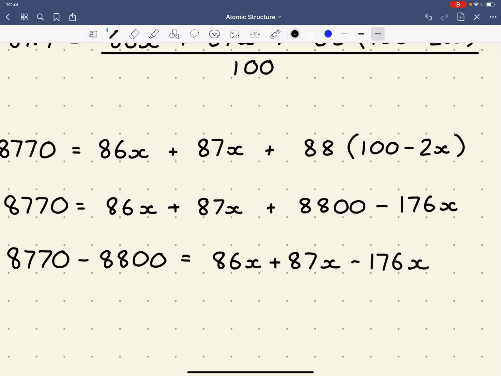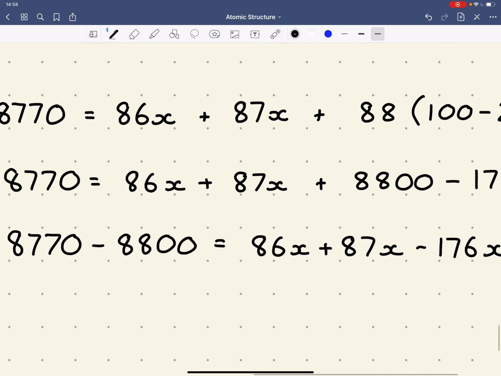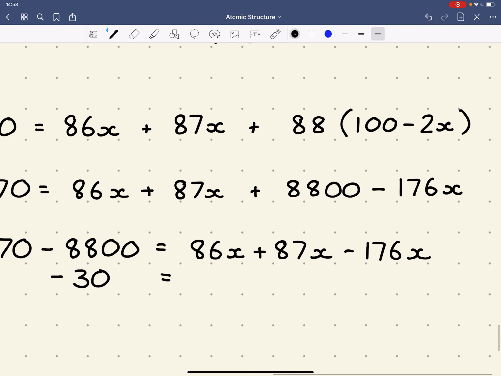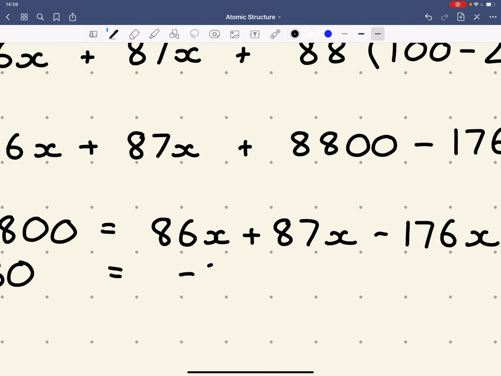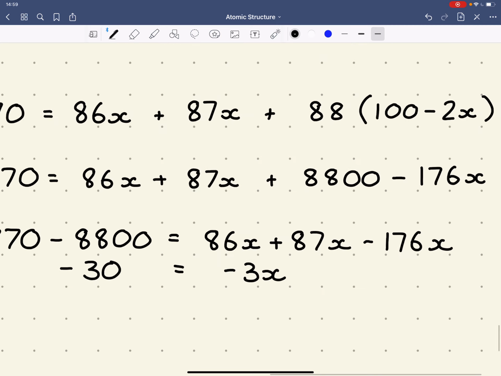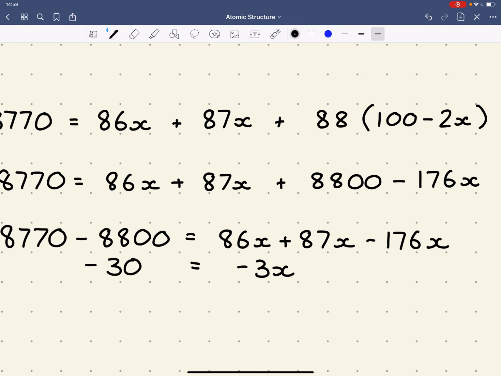So what we get there is minus 30. And when we add up the right hand side, we actually get minus 3x. And if we divide both sides by minus 3, x then equals 10.